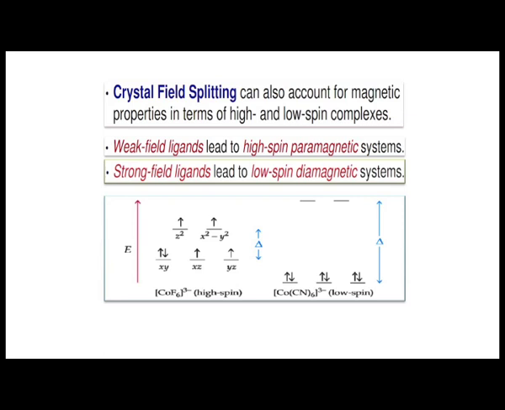Compared to that, we can have another category of ligands which are strong field ligands, which will be responsible for low spin or rather diamagnetic systems. These low spin or diamagnetic systems are very important, because sometimes we find that the metal ion electronic configuration is not immediately giving a low spin configuration of 0 magnetic moment, that is typically a diamagnetic situation, but through oxidation such as cobalt 2 plus.